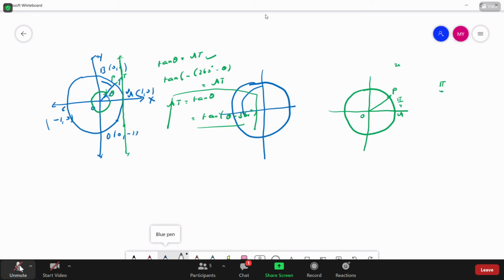OP is 1. So what is this angle? 5/4, 5/4 radians, right? So L is equal to r theta.